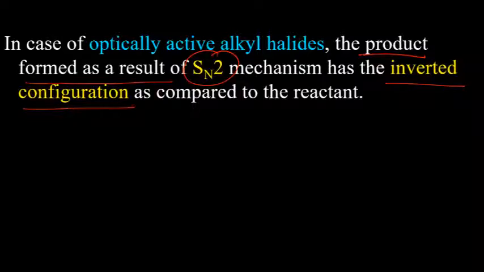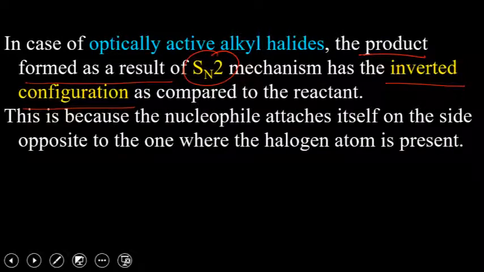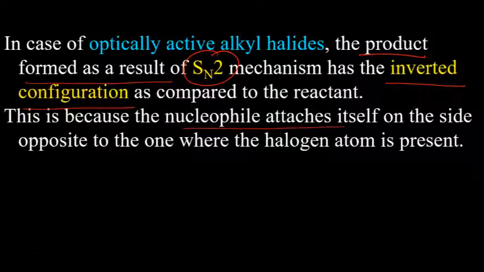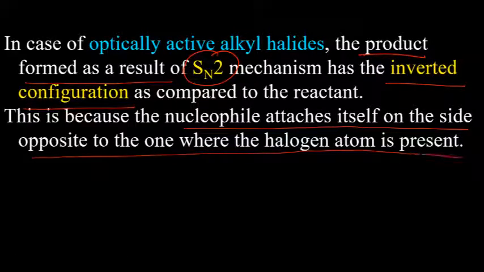If it is inverted configuration, the optical activity will change. Those will be enantiomers. This is because the nucleophile attaches itself on the side opposite to the one where the halogen atom is present. So here we are talking about just the inversion of configuration, nothing else.